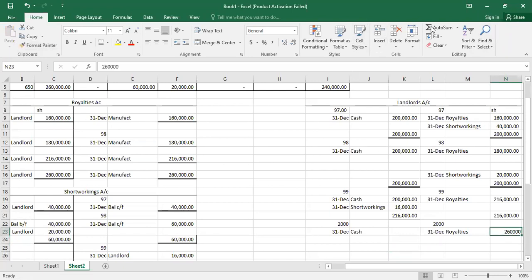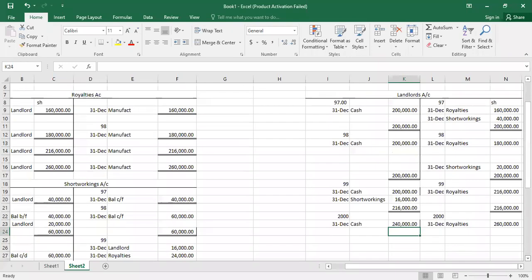We need to close this book. We are now finalizing. Our cash is 200. We are closing it with the balance. So you can see it's so automatic.